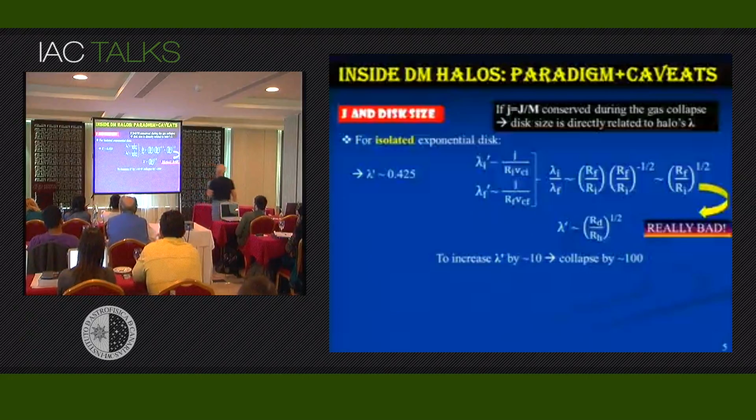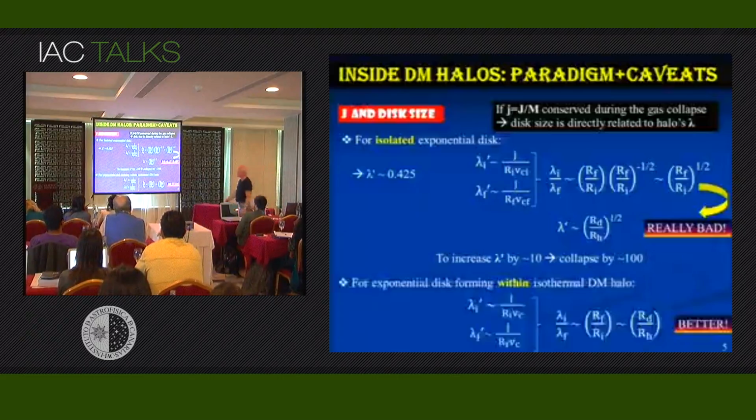This is really bad. It is bad for the simple reason that in order to increase the spin and get rotational support in the baryons, if you want to increase the spin by a factor of 10, you need to collapse by a factor of 100. This only happens in a universe which doesn't have these galaxies.